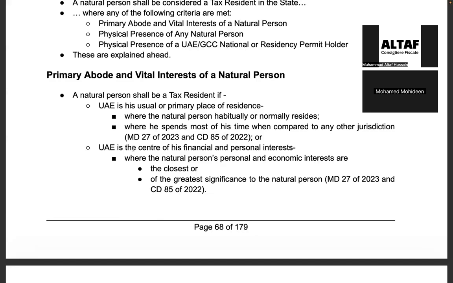So if there is Pakistan source income, the Federal Board of Revenue is going to apply taxation on that Pakistan earned income, because they will see that this person is living in Pakistan or partially living in Pakistan and has a national tax number. From a UAE perspective, if there were any income which that individual is earning from UAE, the UAE federal tax authority is going to try to tax that person.